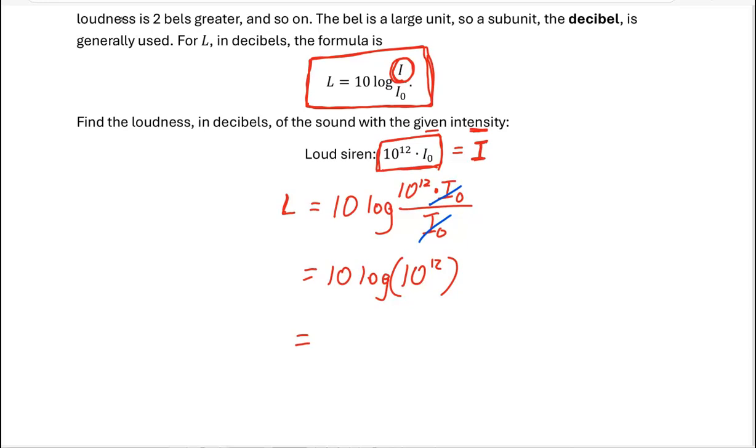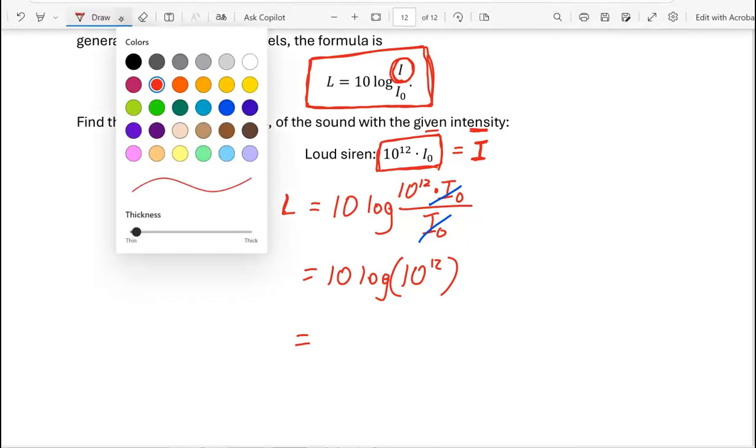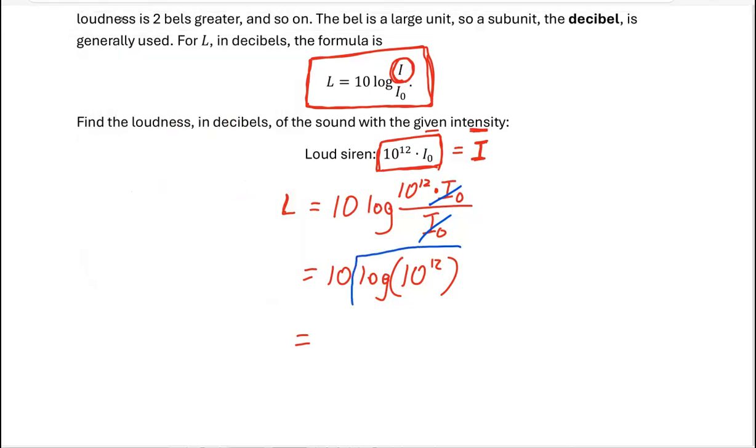But I want to point something else out as well. If you want to just use your calculator, that's great. Go for that. But if you really understand what's going on here, you wouldn't even have to do that. Because common log of 10 to the 12th is like saying, remember the base is 10. So we're saying 10 to the x, 10 to the what, equals 10 to the 12th.